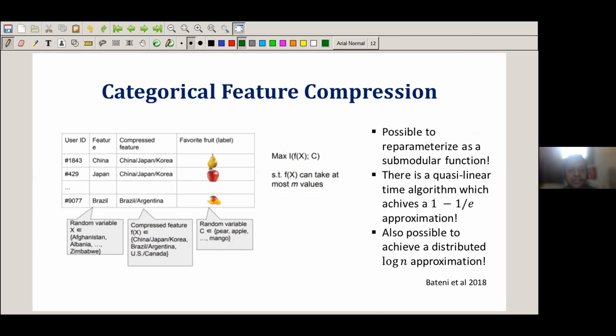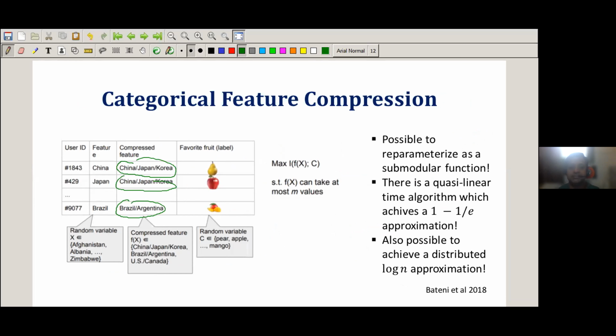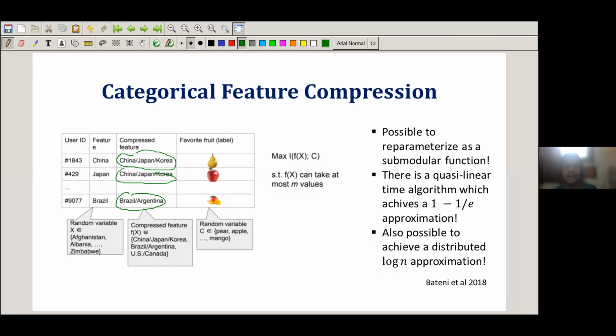So therefore you have China, Japan, Korea as one cluster, or Brazil and Argentina as another cluster. So this is another example. You're not just deleting, but you're compressing them. And you can parameterize this mutual information based on the clustering C as a submodular function. And there's a quasi-linear time algorithm which gives you this 1 minus 1 over e approximation as well.